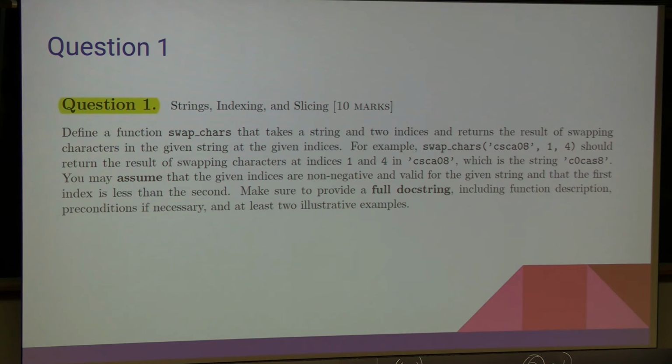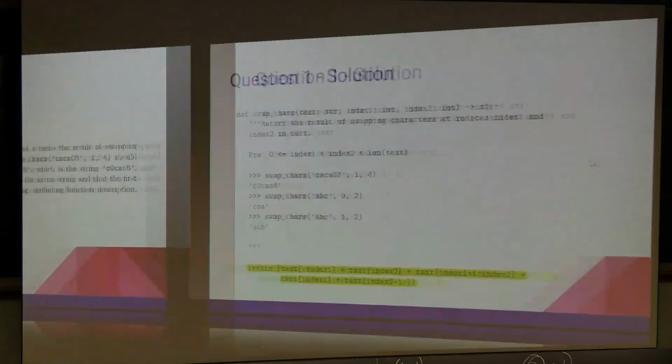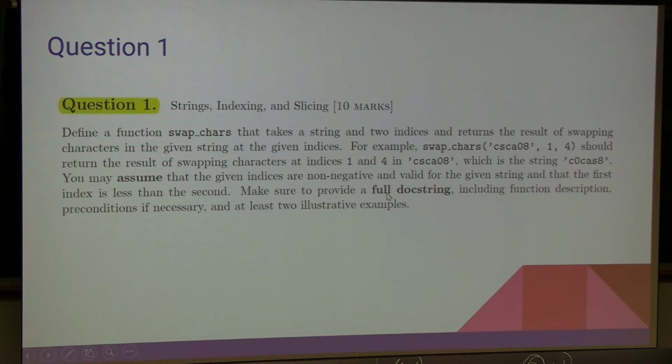We are getting 2 indices and a string. For example, swap characters CSCA08, 1, 4 should return the result after swapping the characters at indices 1 and 4, which will result in this. Does everybody get it? This is a fairly easy one.